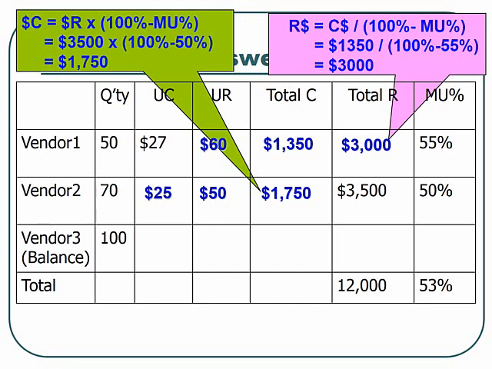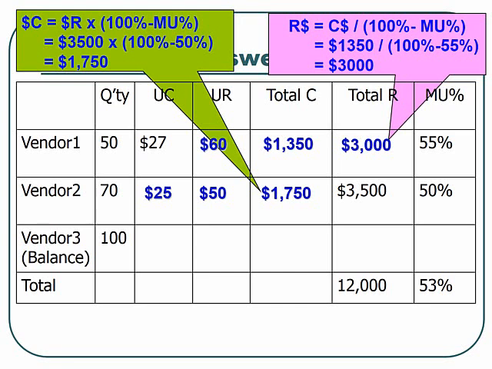Now moving on to the next row, the vendor 3 row. In that row, we know only one piece of information, which is the quantity, right? But we don't have enough information to be able to figure out the rest of the cells based on just this 100, the quantity. So we're going to have to skip this row and move on to the total row.